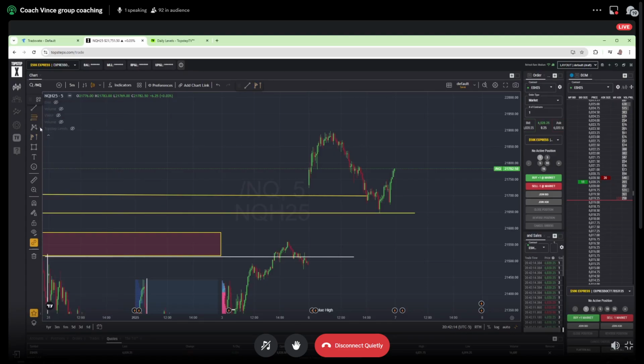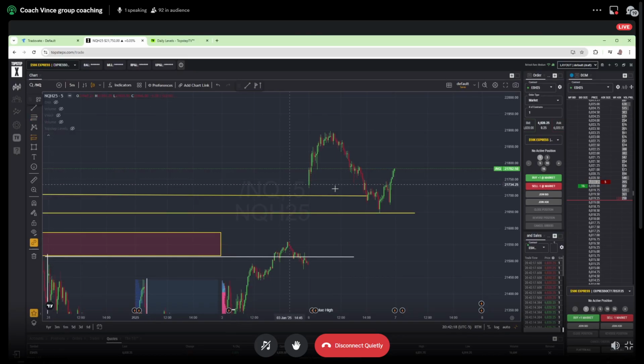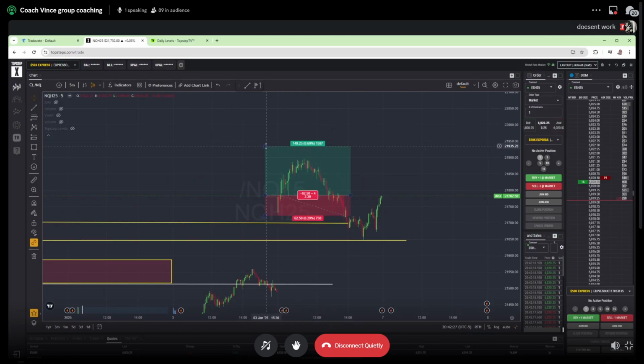Let's see what's the open range. The open range trade was pretty big. Yeah, 62 points on the open range, but it paid out just under 2 to 1. But that's a huge open range trade, even though it was successful off the open.